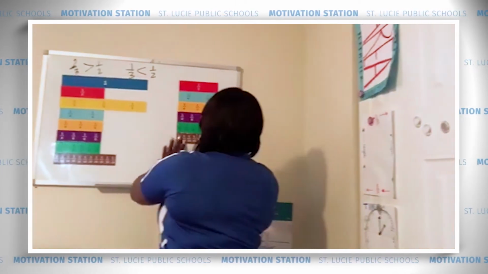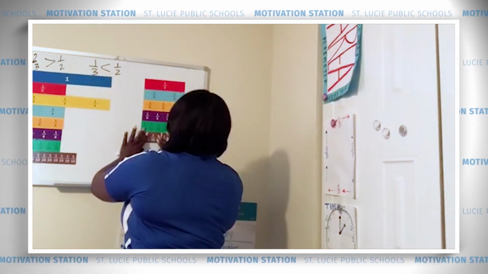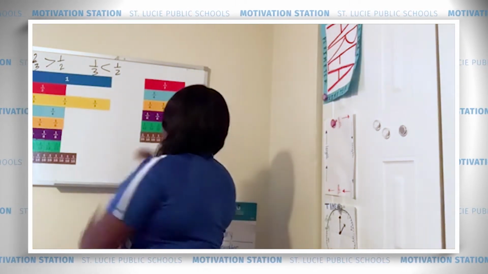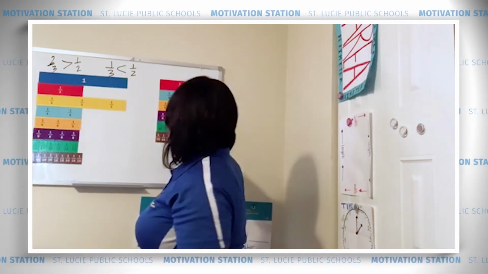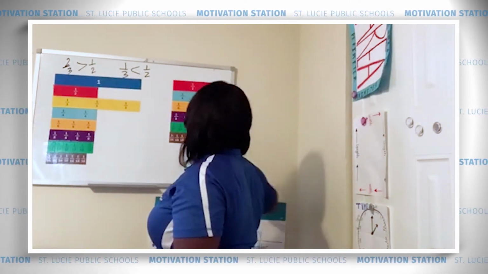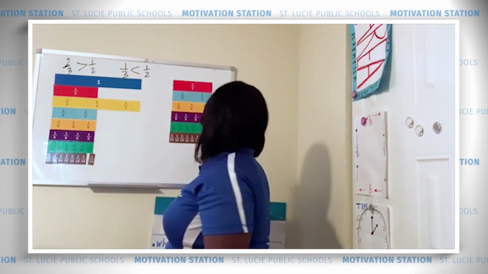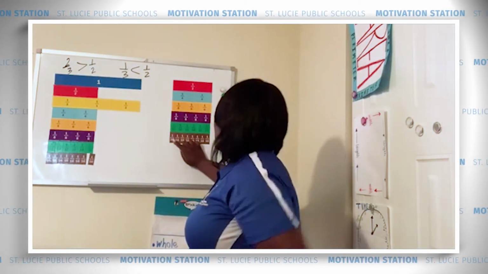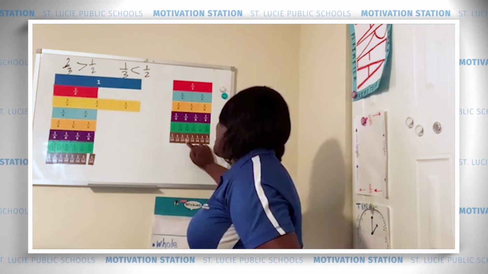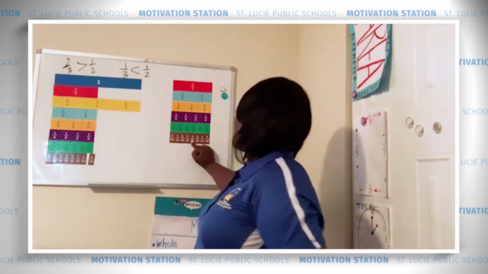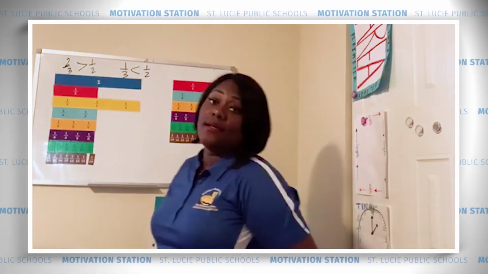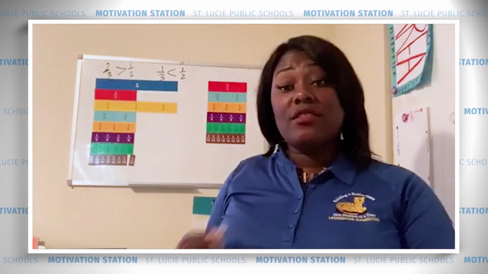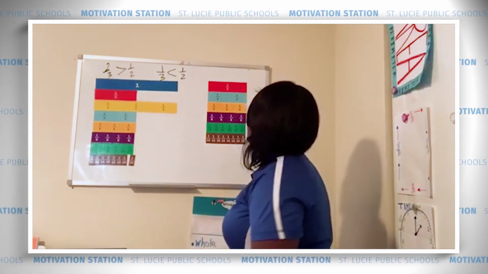Do you remember how many 16ths it will take to match the equal size of a half? Let's count them. 1/16, 2/16, 3/16, 4/16, 5/16, 6/16, 7/16, 8/16. It takes 8/16 to match the size of a half.